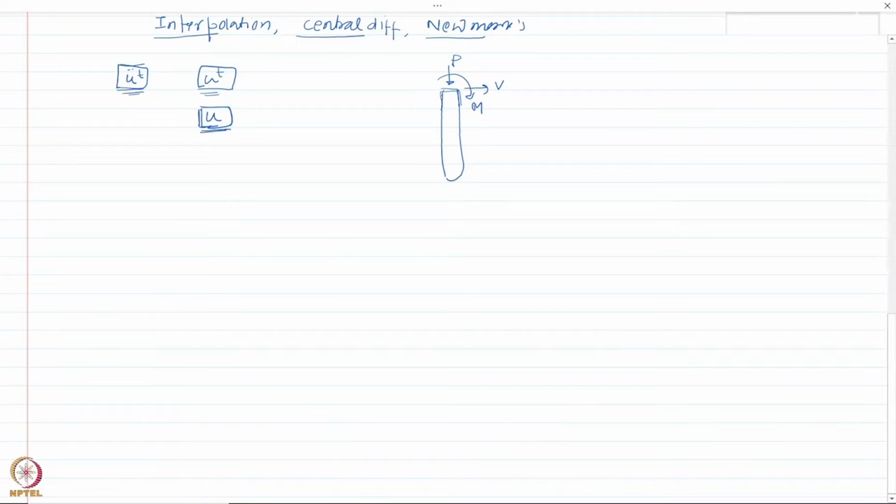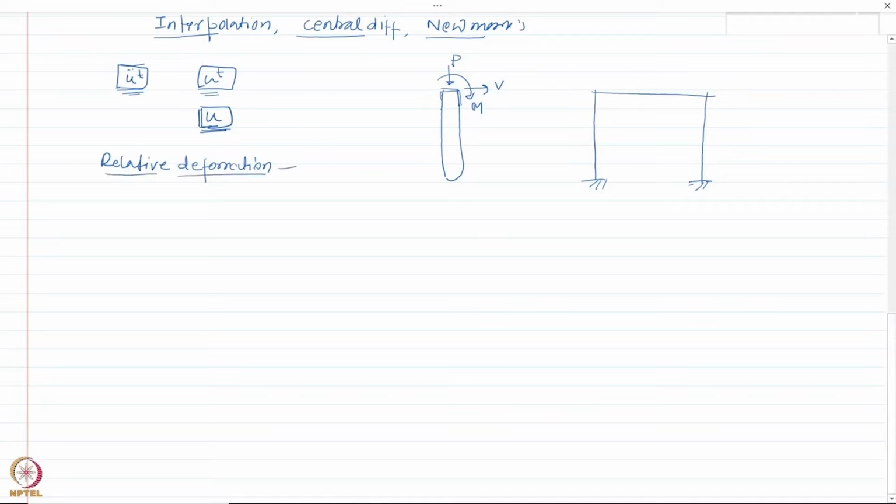Now, if you remember, the internal force in any structure depends only on relative deformation. It does not depend on velocity, or on the acceleration. It only depends on the relative deformation.